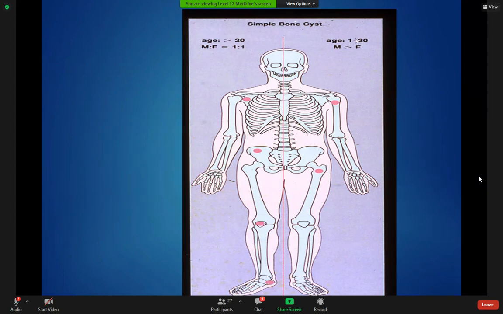Usually, as you can see, the age is below 20, and it can be more in females, and it comes in the flat bone and the end of long bone. Usually, simple bone cysts present in children with a fracture because they don't have any complaint. After a simple fall or even very minimal trauma, they will have a fracture through that bone cyst.